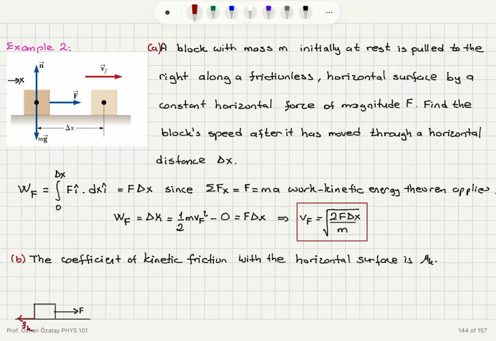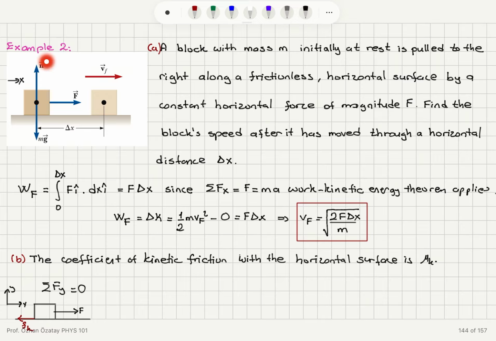Now we make a modification. We have a coefficient of kinetic friction with the horizontal surface, mu k. So F is not the only force acting on the x-axis. There is a kinetic friction on the x-axis which is opposing the motion. So this is my y-axis, this is my x-axis. The net force on the y-axis must be equal to 0.